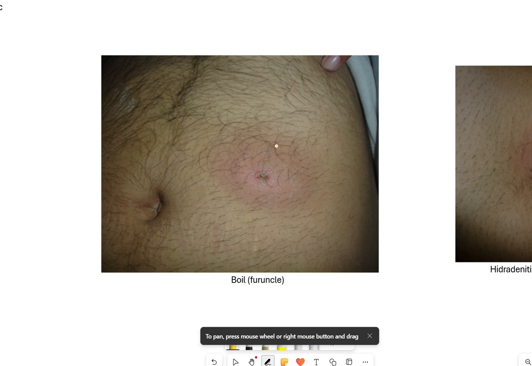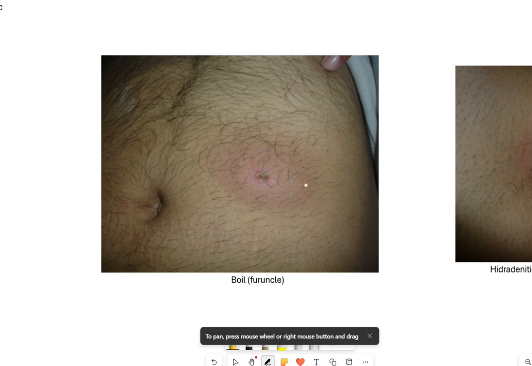and on the left lateral wall of the abdomen you see inflammation, red in color, lots of cellulitis. It's painful, and in the center is the necrotic area. This is known as boil, or it's also known as furuncle, and this is the infection of the hair follicle.